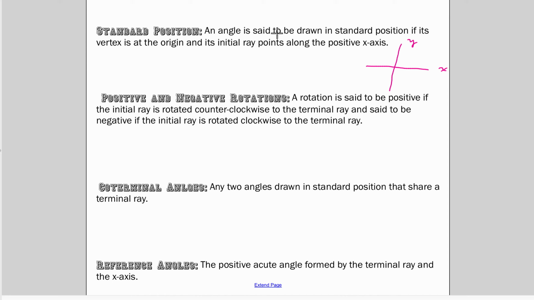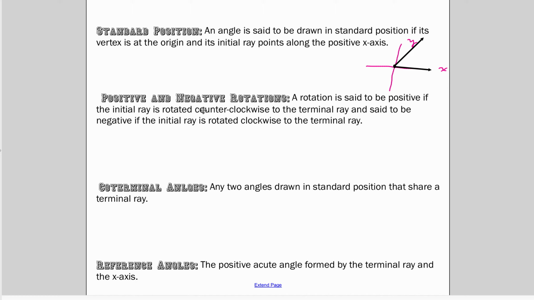An angle is said to be in standard position if its vertex is at the origin, so there I am at the origin, the initial ray points along the x-axis in the positive direction, and then we have it opening up, and then we're going to open it up to whatever distance, make it rotate around. So that is called a standard position.